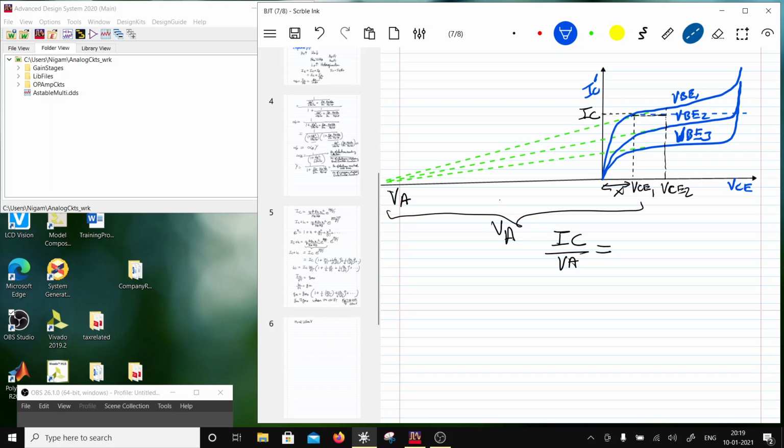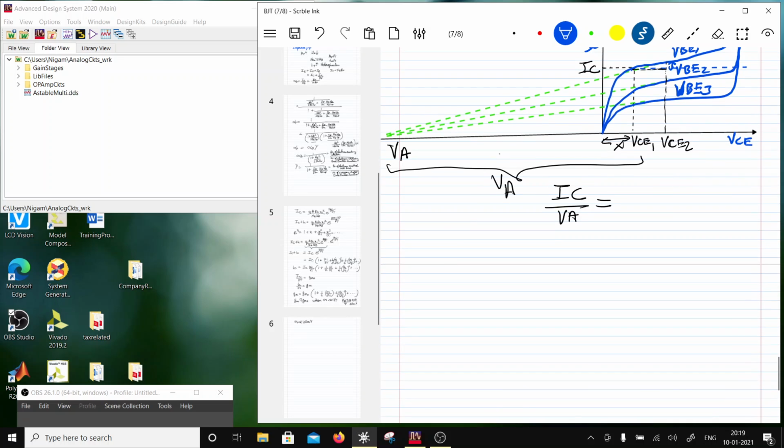So this additional value over here is of interest, right? So in this case, I can say IC dash should be equal to IC divided by VCE plus VA.